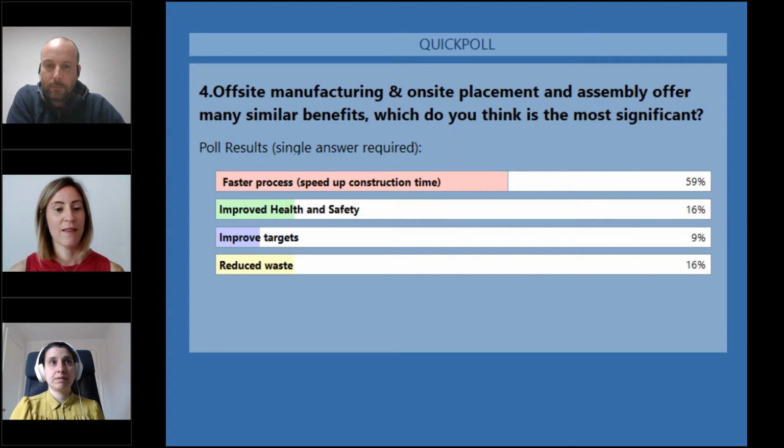Most people think that the faster process, speeding up the construction time, is one of the main benefits of off-site manufacturing and on-site placement and assembly. And just picking up on that, Sam, in terms of the benefits and key things you need to think about in on-site placement and assembly, and off-site manufacturing as well, is thinking about sequencing, ensuring that sequencing is correct, this kind of just-in-time.